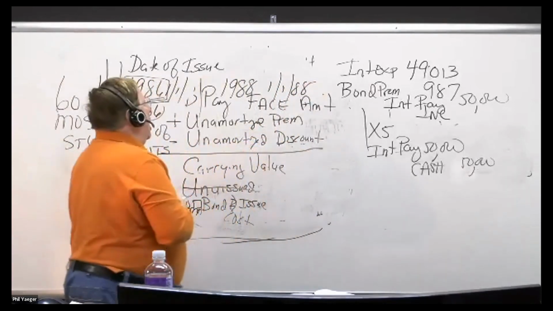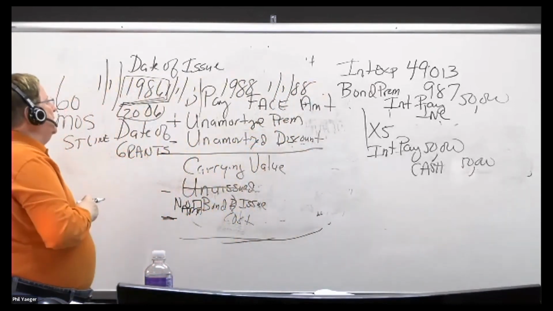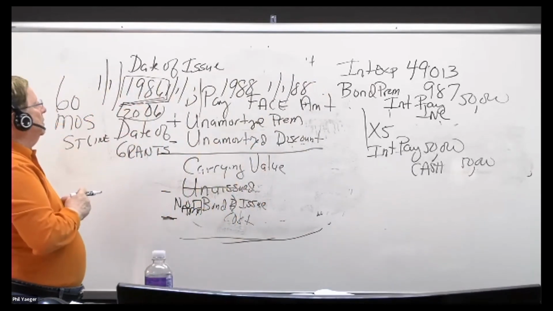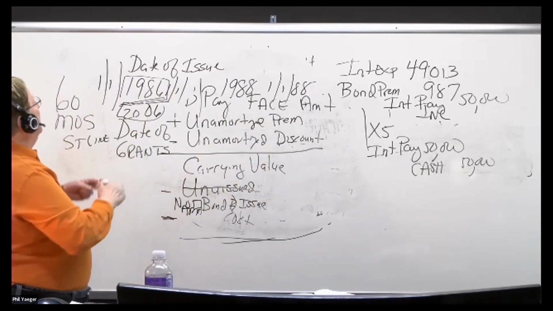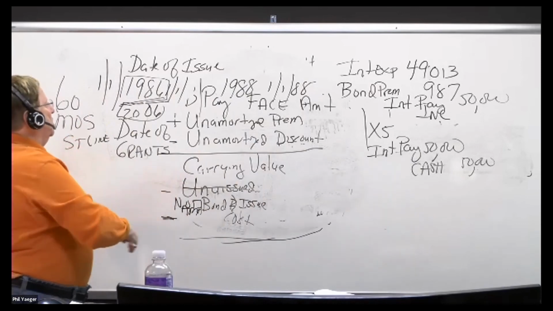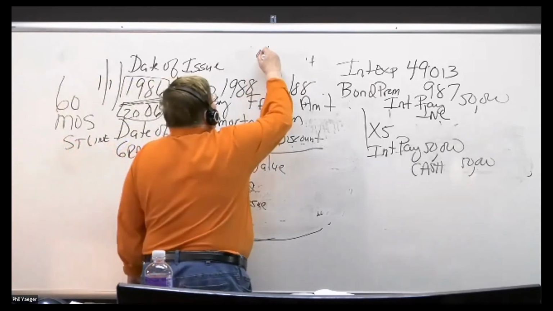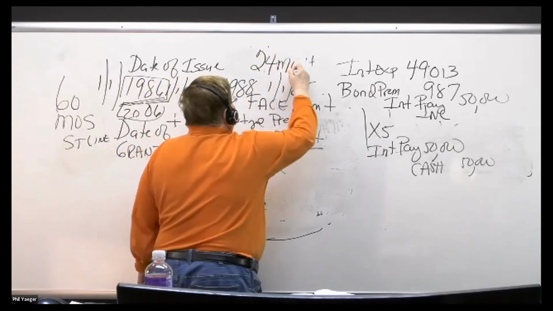Now, how many months have expired since the date of the bond contract? 24 months, 2 years. All of 86, all of 87. Correct. So 24 months have expired, right?